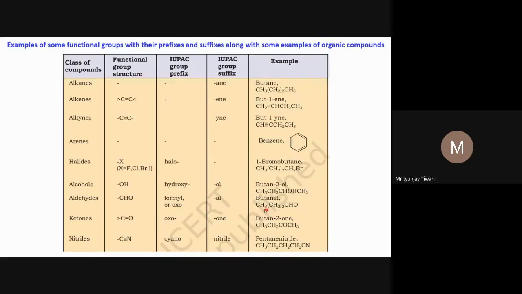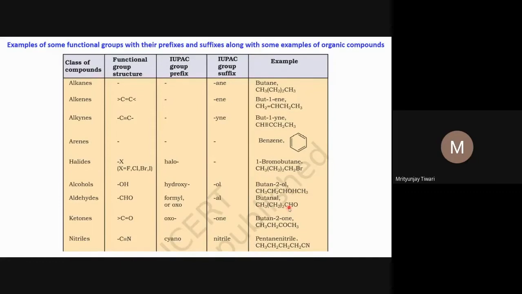So for example, you see here CH3, CH2, CH2, CHO. The functional group contains a carbon atom, so as I said earlier, usually we start the numbering from that carbon atom which contains the functional group. So the numbering will start from CHO. There is no other way to start numbering for this compound.